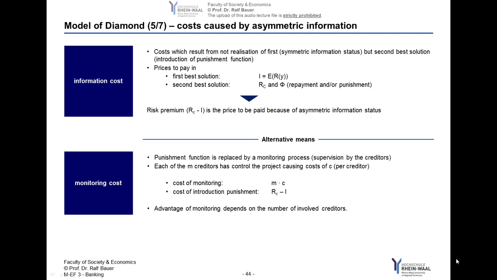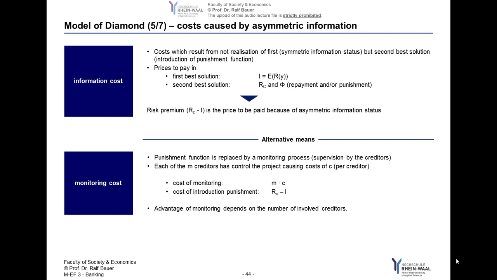What are the costs which are caused by the model of Diamond? Firstly, as in every principal agent problem, the so-called information costs. Because we are not able to obtain the first best solution, we must accept the second best solution.